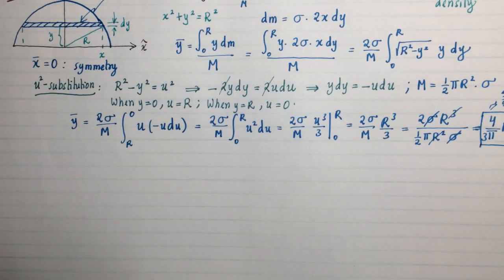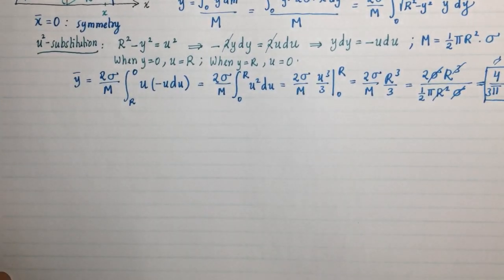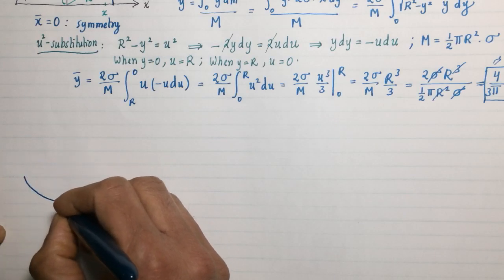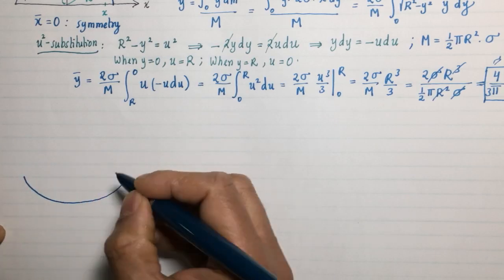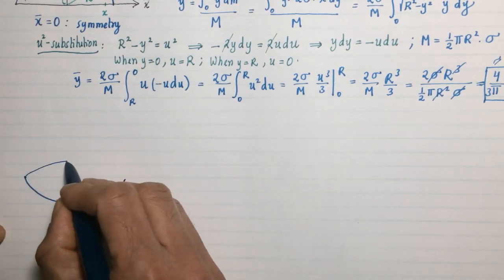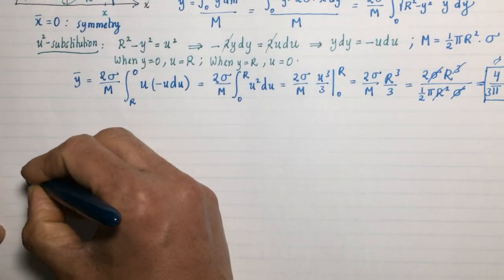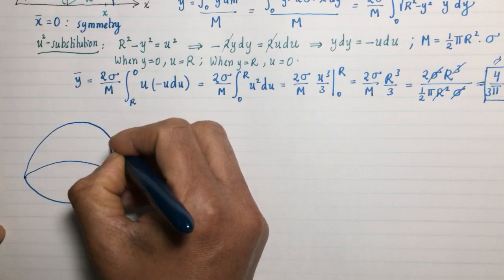The other example I have is a 3-dimensional version of a semicircle, which is a hemisphere. So let's take the trouble of drawing that. Because it's 3D, we have to draw a three-dimensional diagram.